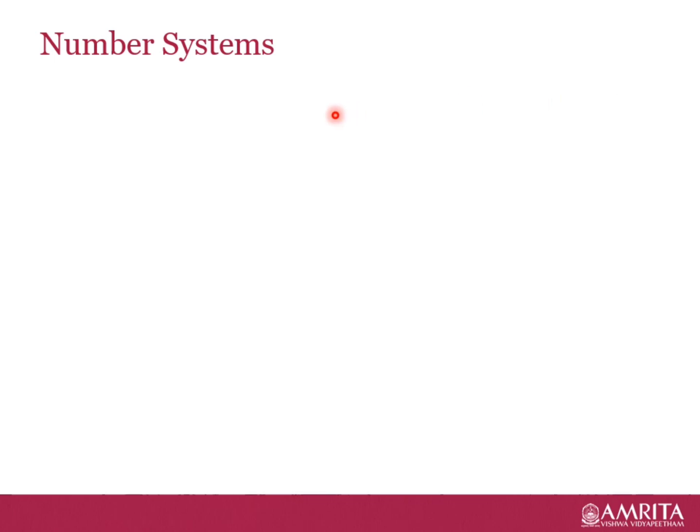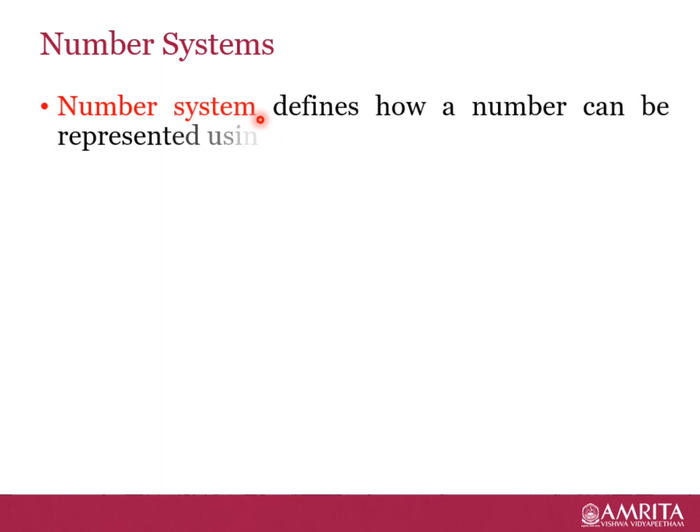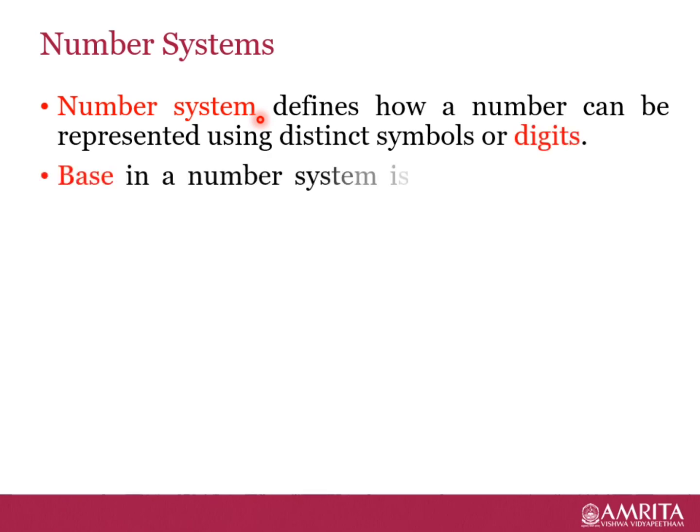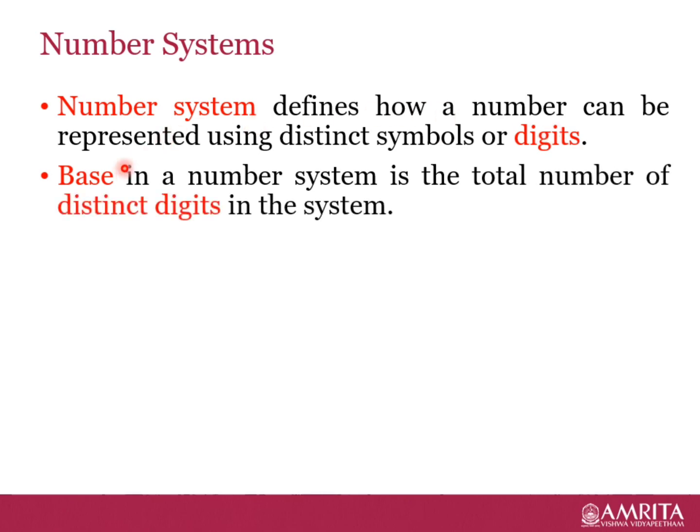In order to understand the concepts of unsigned numbers better, we can first go through some of the basics of the entire number system. A number system defines how a number is represented. The two key factors involved in any number system are digits and base.